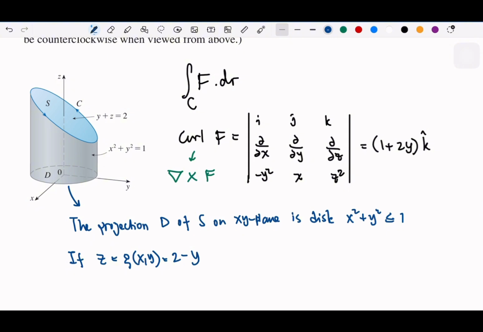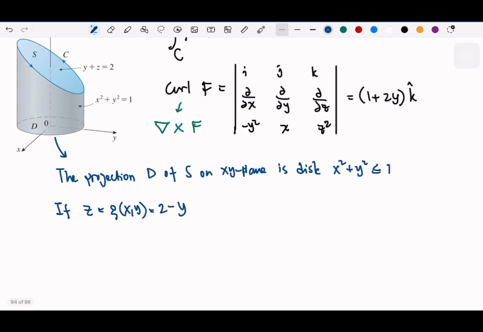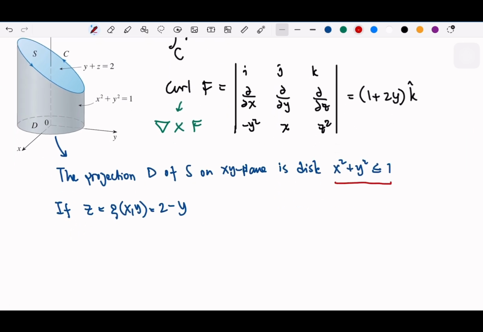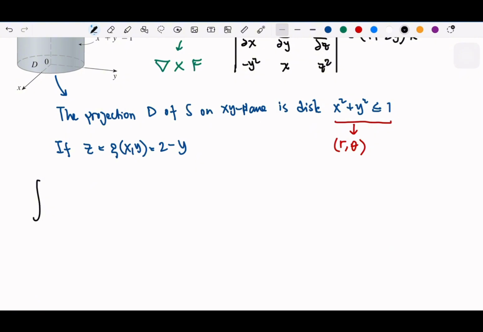Since the region is a circle, it gives us the reason to use r and theta coordinates to help with the calculations. So we have the line integral F dot dr equals the surface integral curl F dot dS.